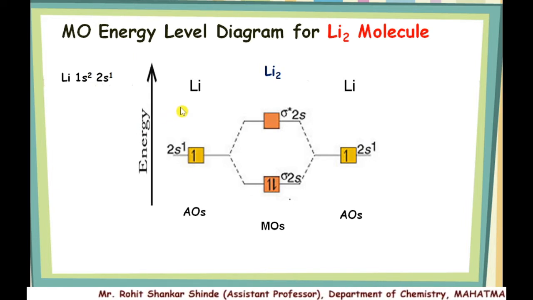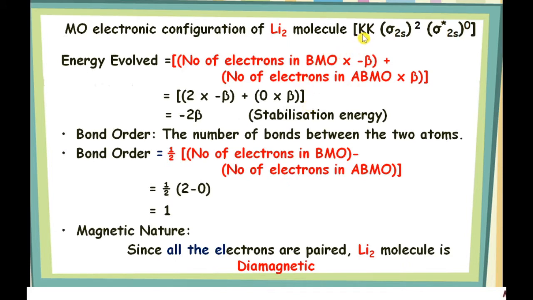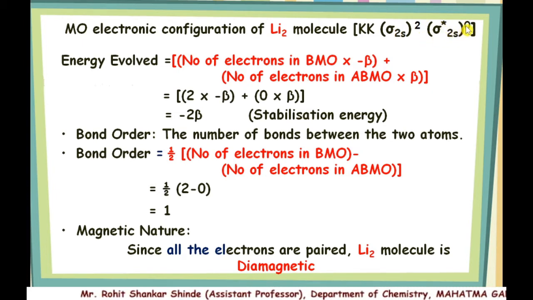Since two lithium atoms take part in combination, the letter K is repeated. The remaining two electrons occupy the sigma 2s molecular orbital. So the molecular orbital electronic configuration of Li2 is written as KK sigma 2s2, sigma star 2s0. It is not necessary to write sigma star 2s0 as it doesn't contain any electron.